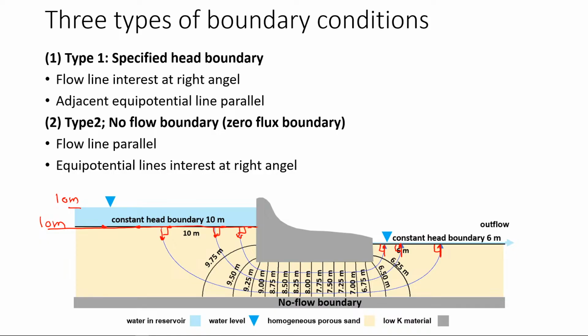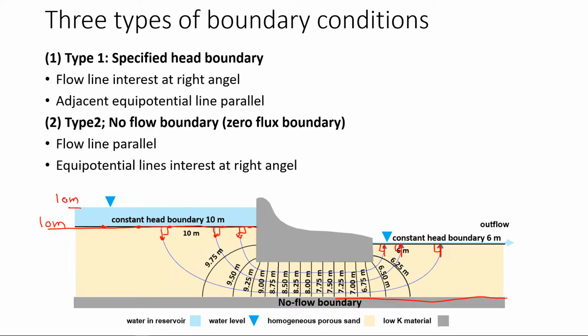Type 2 is a no flow boundary, a zero flux boundary. For example, you specify the flux, the amount of water passing in time, to be zero. That would also be a no flow boundary.